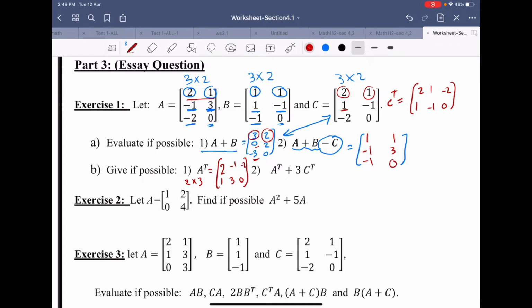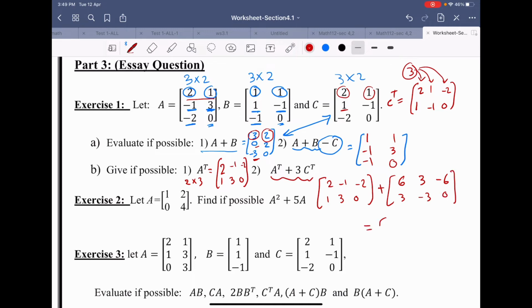Now let's find AT plus 3CT. So AT, which is 2, negative 1, negative 2, 1, 3 and 0, plus 3 times C. I'm going to multiply the 3 with each element of CT. So this would be 6 and 3, negative 6, 3, negative 3, and 0.